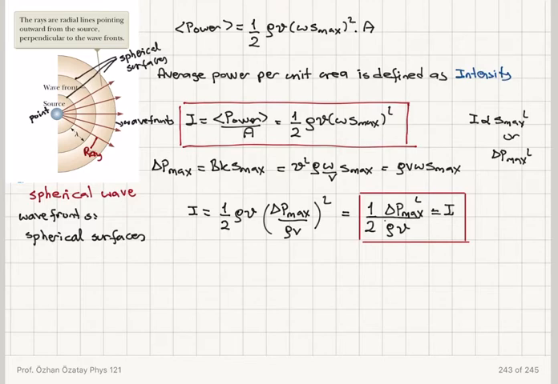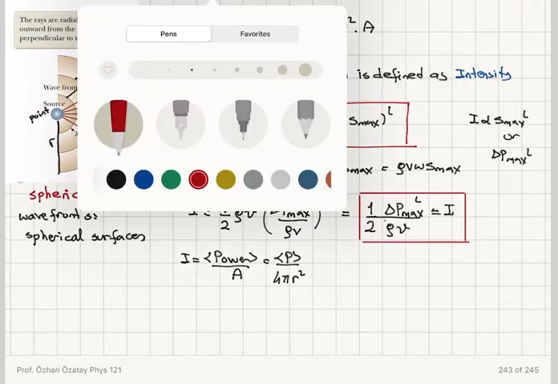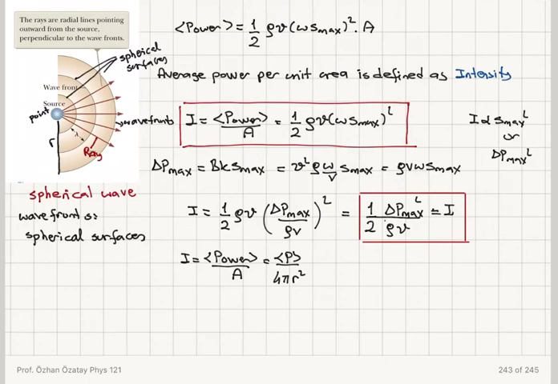Okay, so in that case, the intensity, which is equal to the average power per area, is going to be the average power divided by the area of these spherical surfaces. If I'm at a distance r from the source, the area is 4 pi r squared. That's the surface area of a sphere.